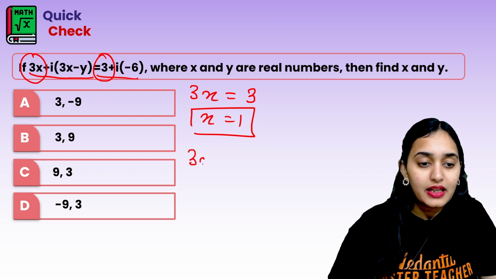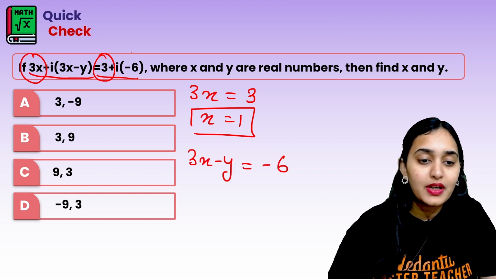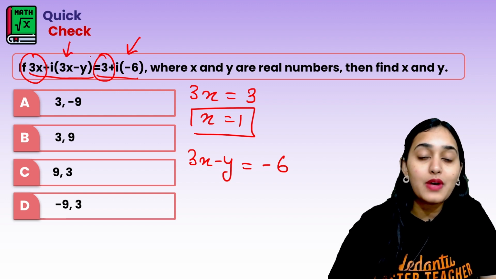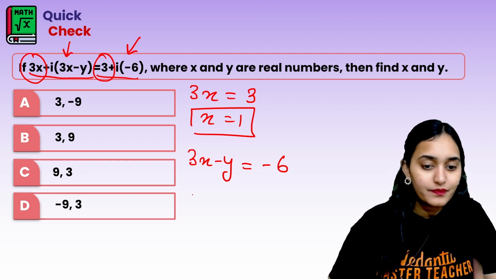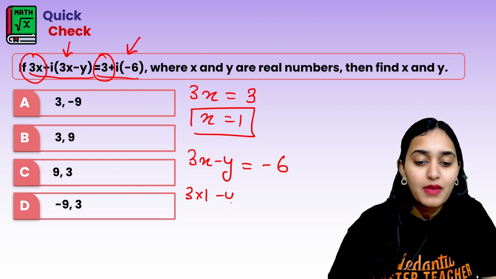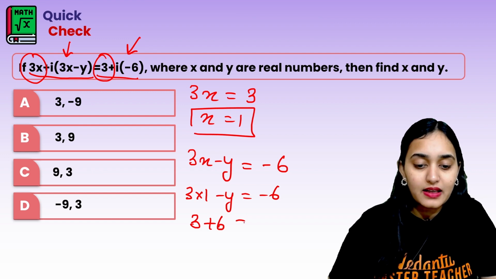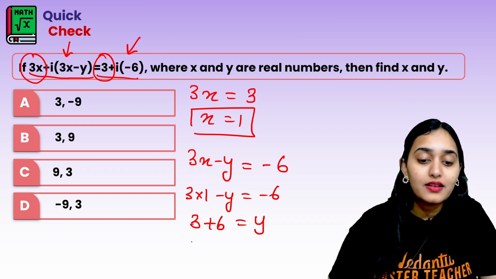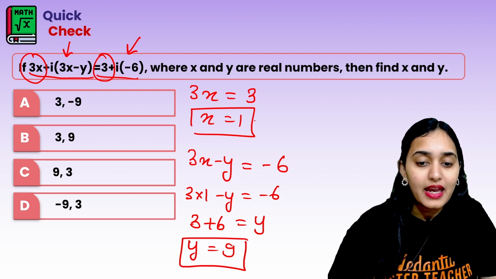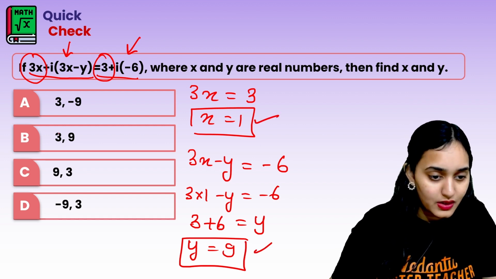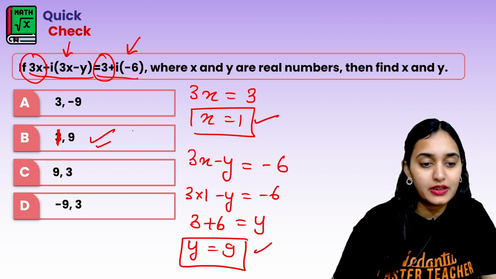Similarly, 3x minus y is equal to minus 6, because the i part will be equal to the i part, the imaginary part. Now x is 1, so 3 into 1 minus y is minus 6. So 3 plus 6 is equal to y, so y is basically 9. So here you have x is 1, y is 9. So it should be 1, it will not be 3.